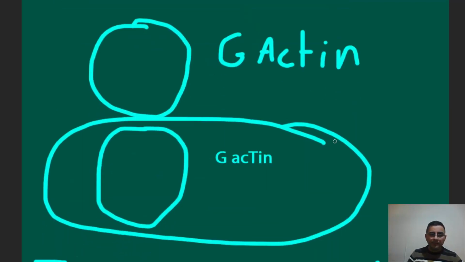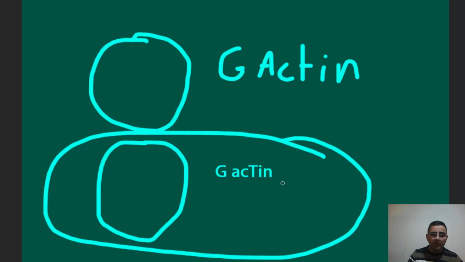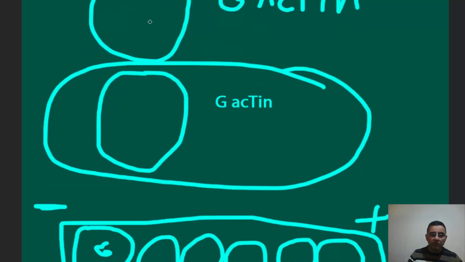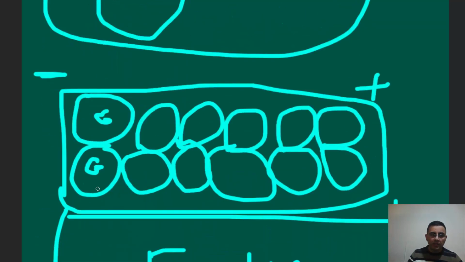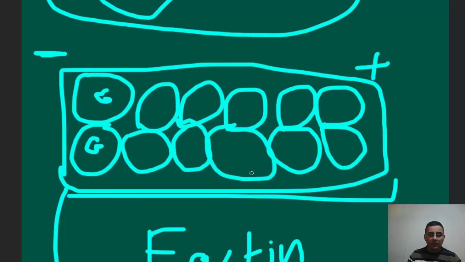The subunit of microfilaments is globular actin, or G-actin. G-actin monomers are connected with each other, and microfilaments are a double-stranded chain, and they have a spiral form too.